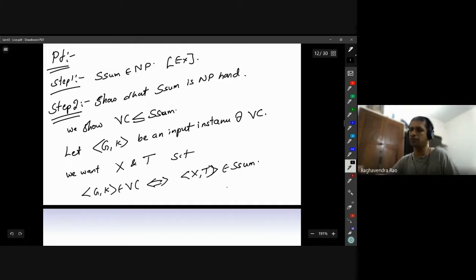That is, the output of subset sum should be yes for x comma t. So all we need to do is, given a graph, construct a set x and a target value t such that G has a vertex cover of size k. We are not exploring the graph to find a vertex cover already. This transformation, looking at the graph, should produce this set. But the property is G has a vertex cover of size k if and only if x has a subset which sums to the value t exactly.